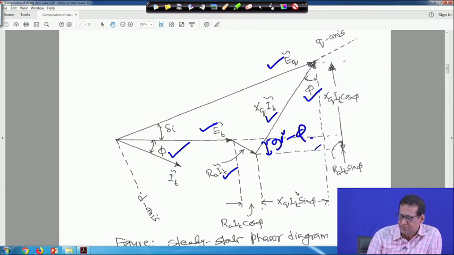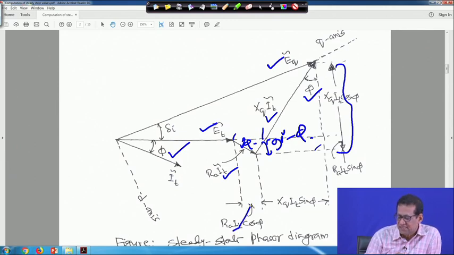This portion will be XQ IT cos phi. And this is my RA IT, and this angle is also phi. Therefore, from here to here, this is RA IT cos phi, right?